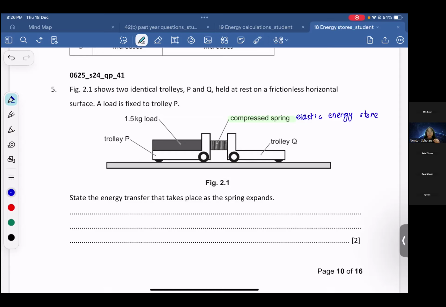So here, when we release, the spring will try to go back. This is compressed, so it will try to go back to its original shape and size. So the spring will expand. So what energy will it transfer to? Starting is elastic energy store, to what energy?